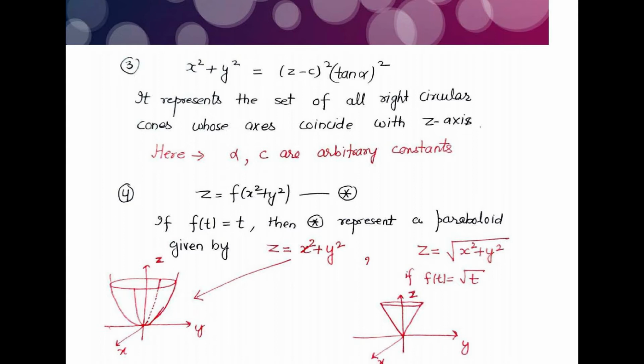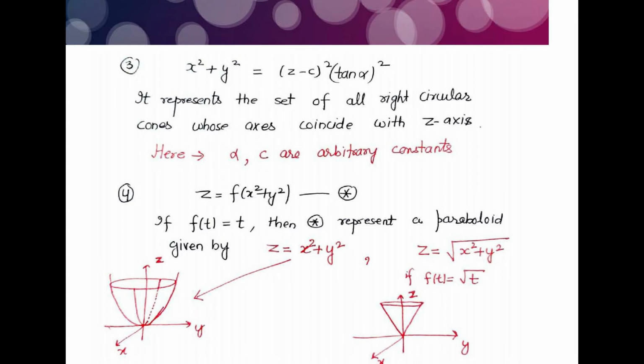This function star will be z equal to under root of x square plus y square, and this is going to be a cone. You can see on the right hand side, its vertex is (0, 0, 0), and this is the graph of your function.